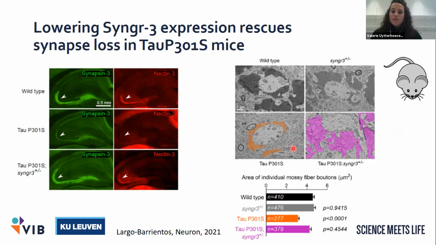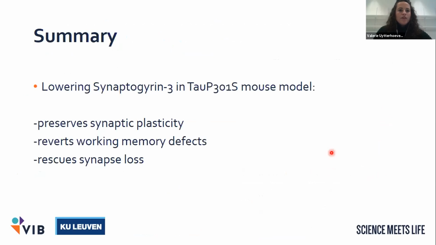But in the double mutant, with lower synaptogyrin 3 levels in the Tau mice, we see a rescue of these mossy fiber boutons, indicating that the lowering of synaptogyrin 3 levels has a positive effect on synaptic health. To summarize this part, lowering synaptogyrin 3 in the P301S mouse model preserves synaptic plasticity, reverts working memory defects, and rescues synapse loss.